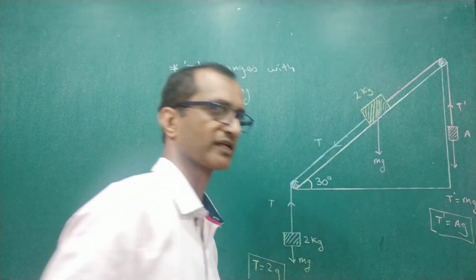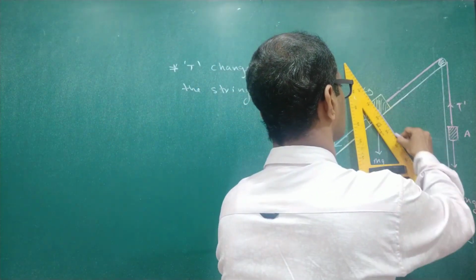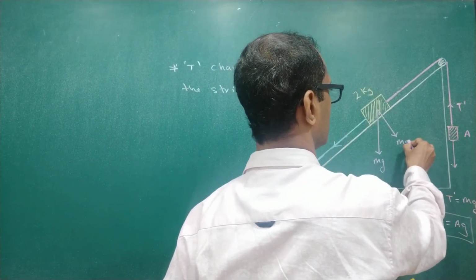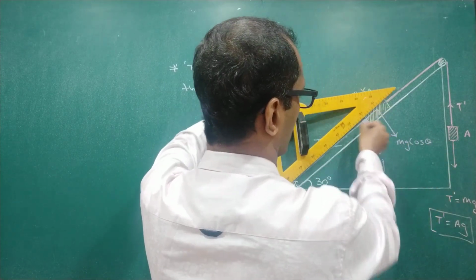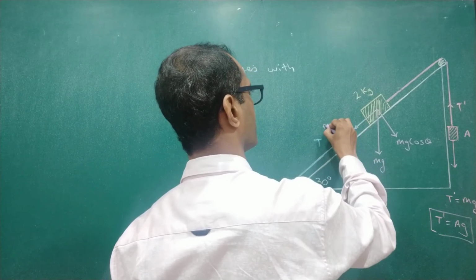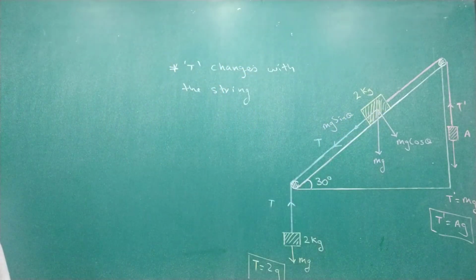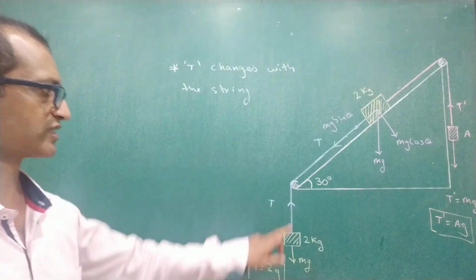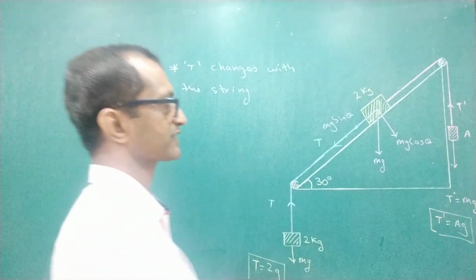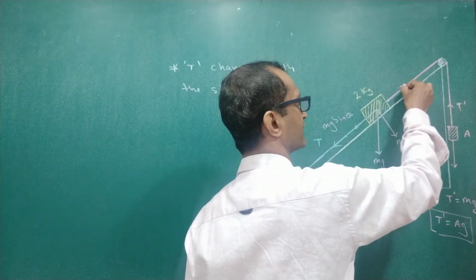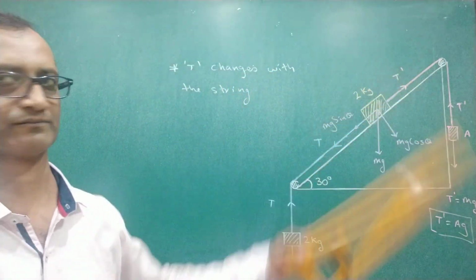So this mg gets resolved into two components: mg cos theta and the other component mg sin theta. So if this was T, this string had T over here as well. So if this tension is T dash, I have T dash along the string here as well.